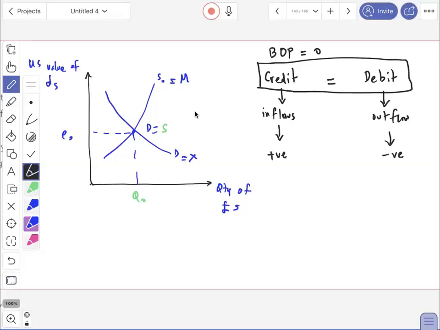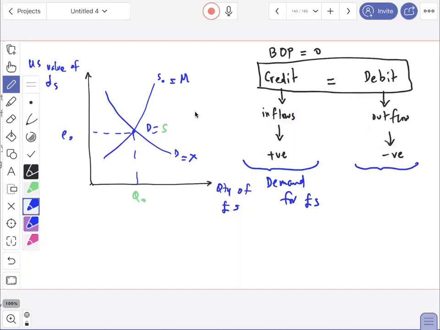Now, debit side and credit side also mean that if you have money coming in, or inflows, this is also your demand for pounds, because every time money is coming into the country, people are demanding your currency to undertake those transactions, be it financial transactions or current account transactions, and so on.